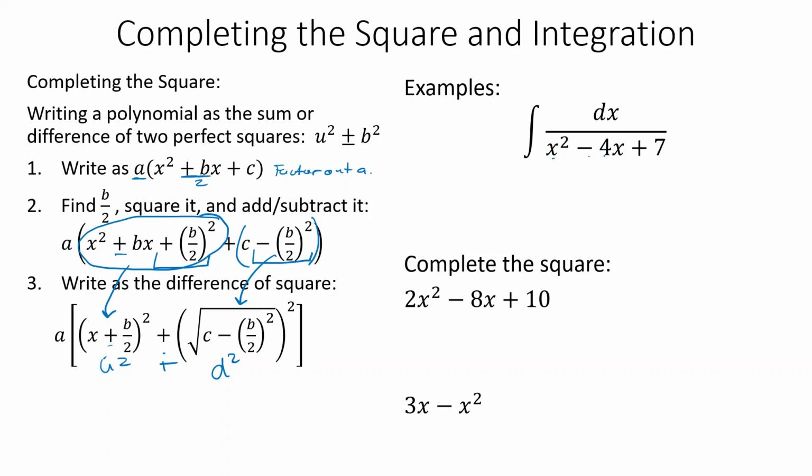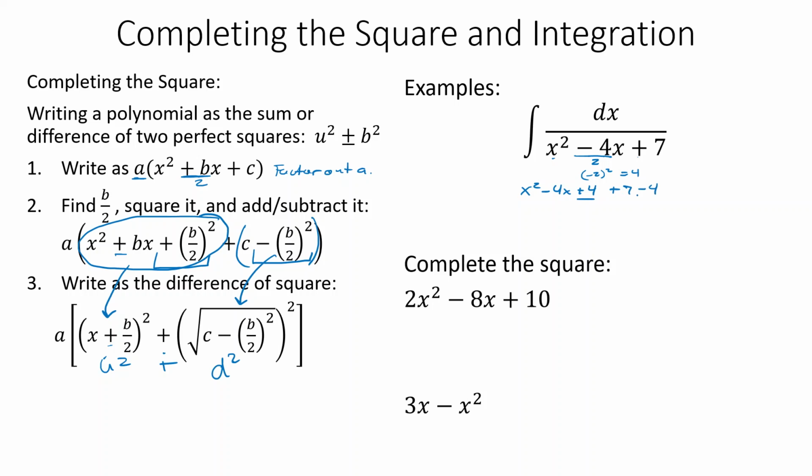All right, so now let's try that here. So we got x squared minus 4x plus 7. We can't really do any sort of substitution here. So let's try and complete the square. So here's my b right here, negative 4. Divide it by 2, we get negative 2. And square it gives us 4. So if we write this now as x squared minus 4x plus 4 plus 7 minus 4 down there.